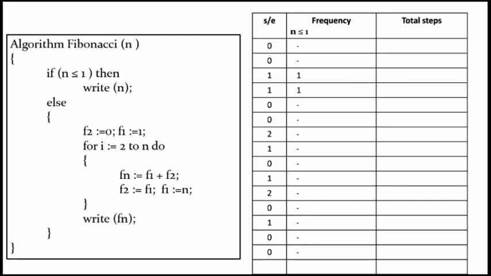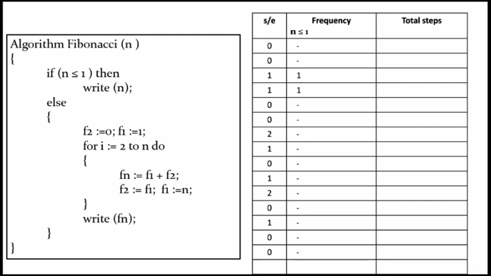Next, we are checking the if condition. So the if condition is true, and this will be considered as one statement, because we are executing that statement only one time. So we have mentioned that n is less than or equal to 1, that means this condition is true. Then what we are doing, we are executing the write n statement.